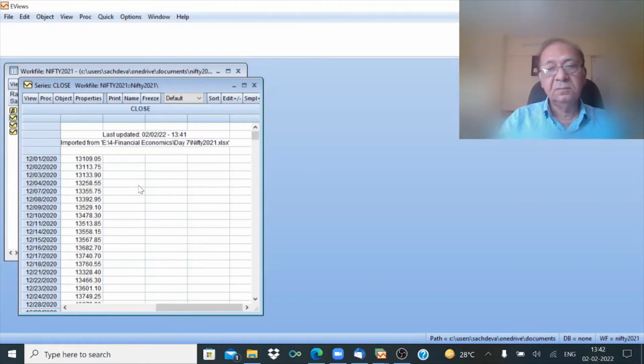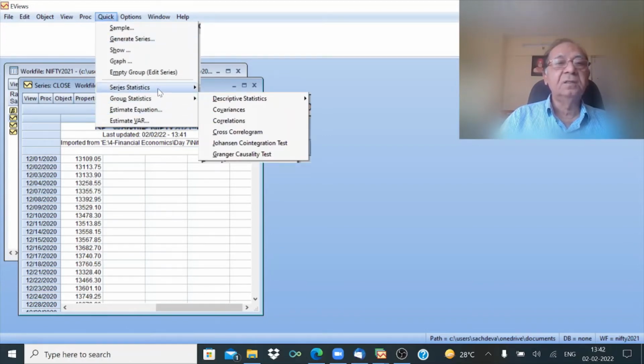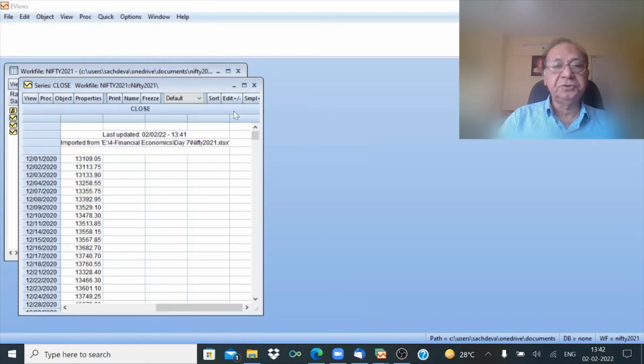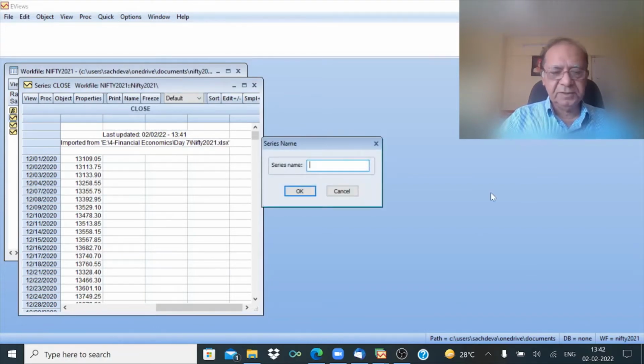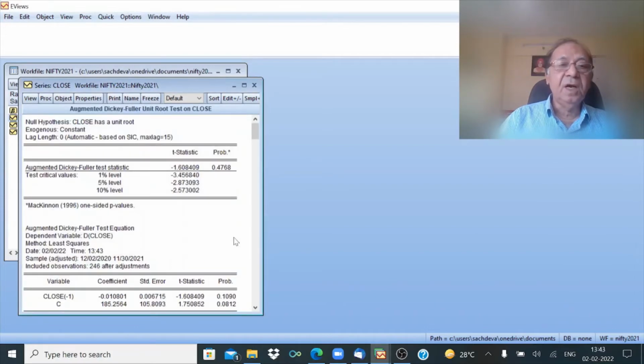Let us go to series, statistics, unit root test for close. First we have to see the level with intercept. The null hypothesis is that close has a unit root.